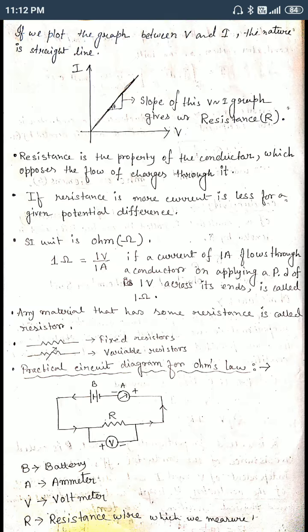And for the slope of the V versus I graph, we also draw one slope. The line perpendicular, parallel to the I axis, gives us delta I, and the line parallel to the V axis gives us delta V. So delta V by delta I gives us the resistance R, because V equals IR, so R equals V by I. The slope of V versus I gives us resistance.